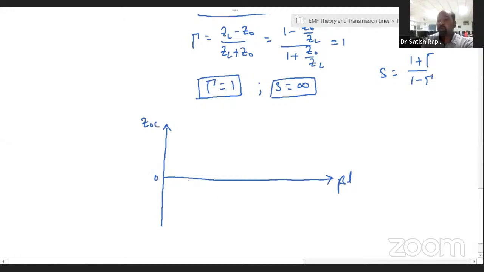This is 0. Beta L is pi by 2. Beta L is pi. Beta L is 3 pi by 2. And beta L is 2 pi, and so on. So let us verify how the input impedance of an open circuited transmission line varies with respect to beta L.